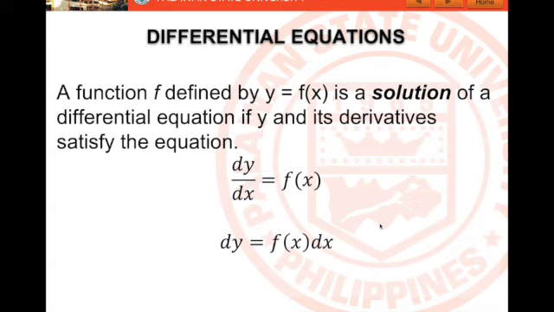So we can see the ease of this form: dy over dx equals a function. Most of the time, what we should do is get the dx on the right side and then carry out the anti-differentiation to remove this derivative and find the solution of the DE.